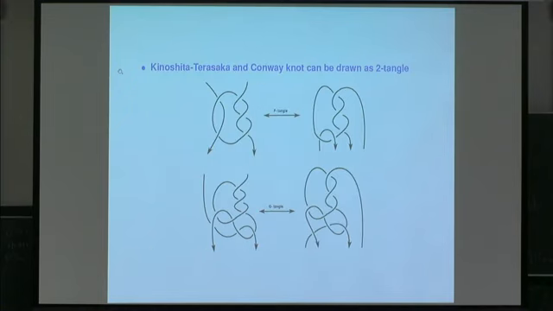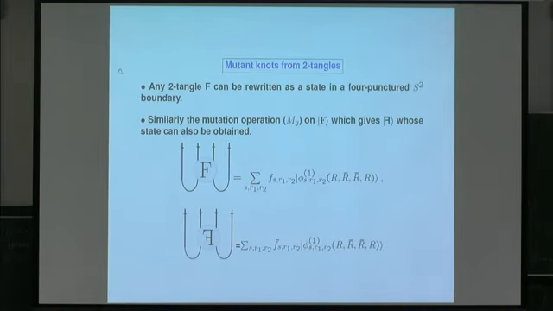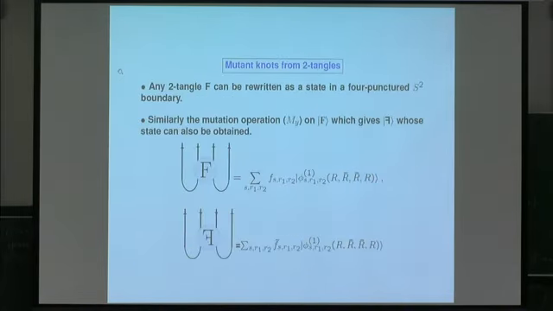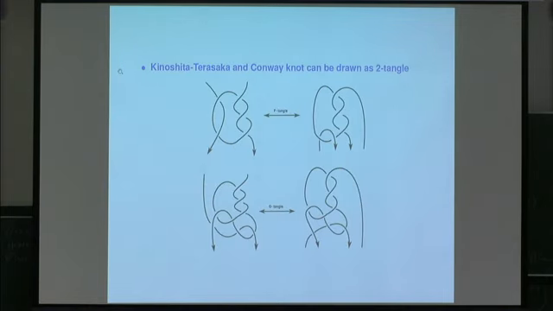So just to show in the Kinoshita, this is what was that circled region which I showed in the mutant slide, this one. This one is drawn here, and that's the F tangle, which, you are allowed to pull and push, you could draw it like a 4 punctured S2 boundary, and the G tangle will be redrawn this way.